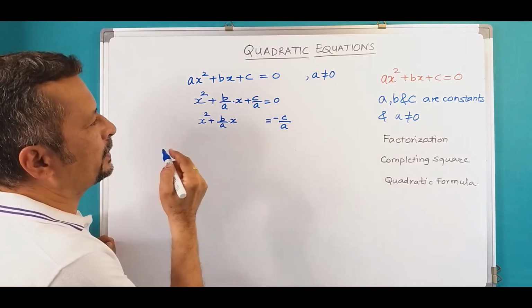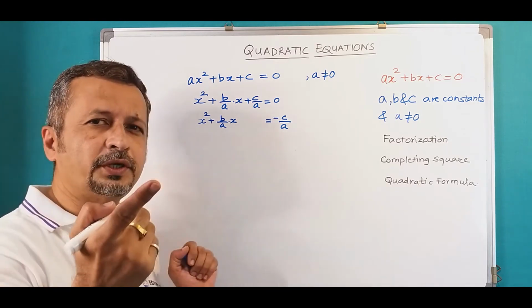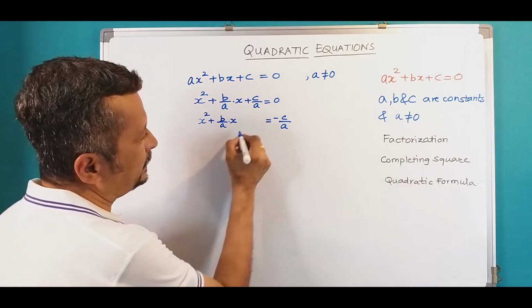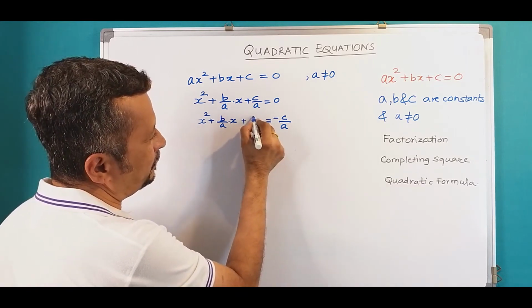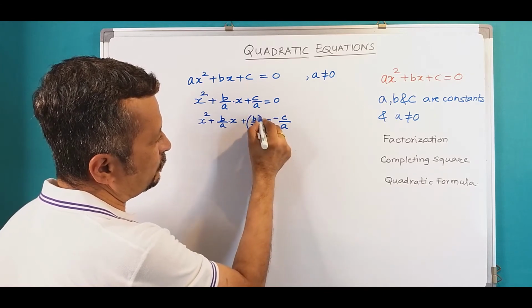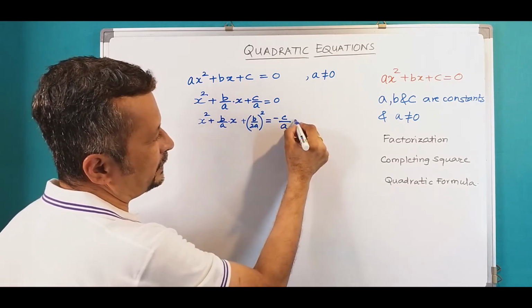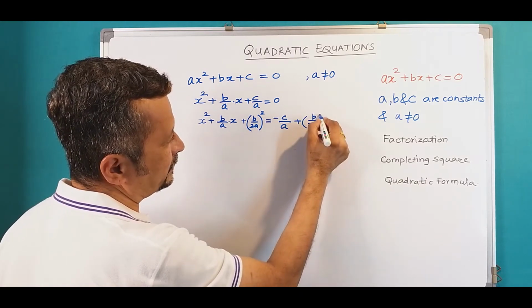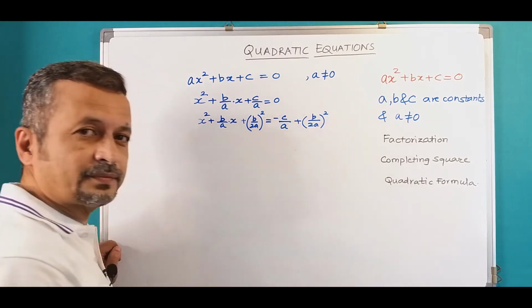So what do you do here? For completing the square, you have to add b upon 2a square here and b upon 2a square here.